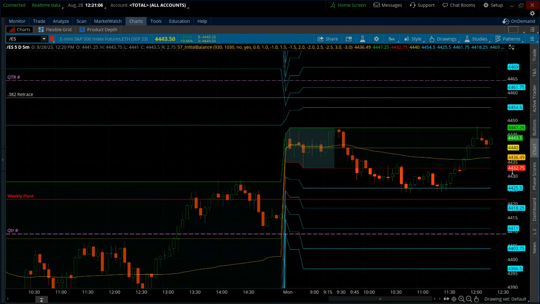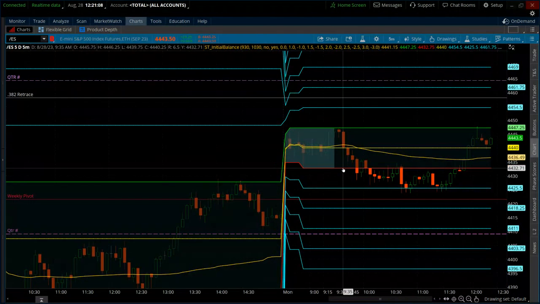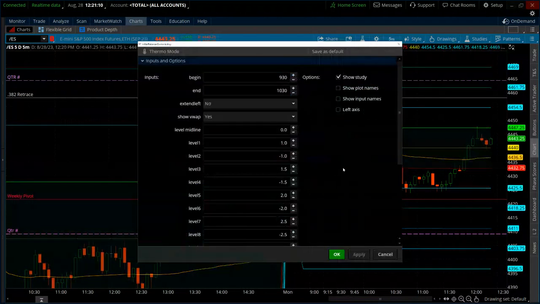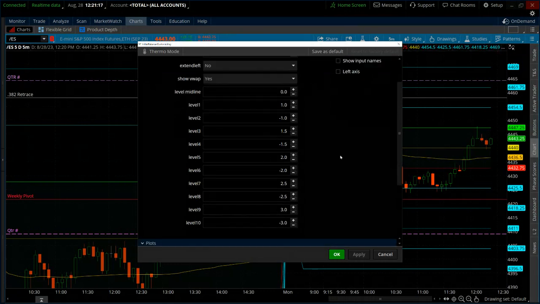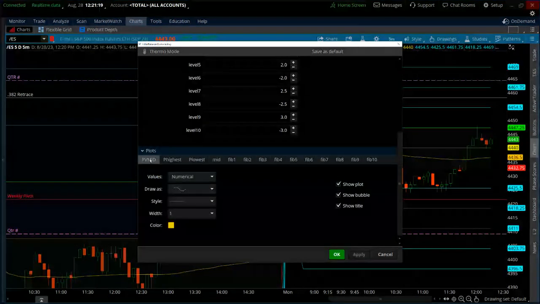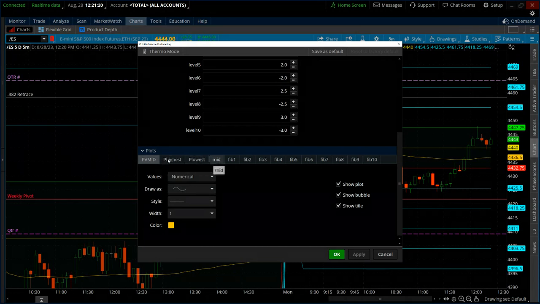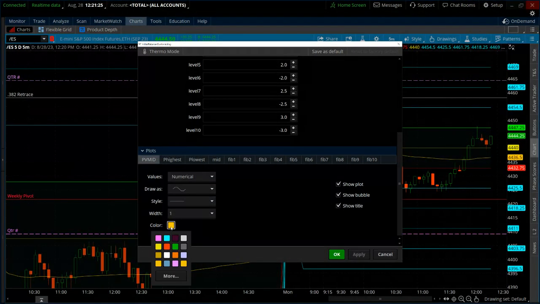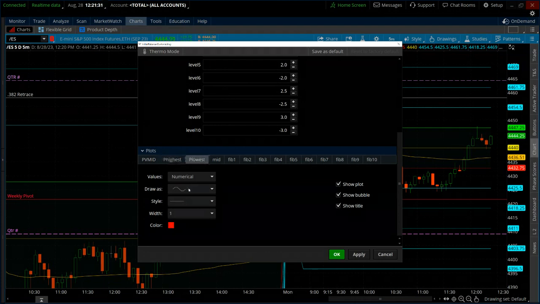What you see here is I can play with the colors like I did before. I can make the inputs for the levels different colors. It's down here: the pivot mid, highest, lowest. Let's make mid yellow, highest yellow, lowest yellow.